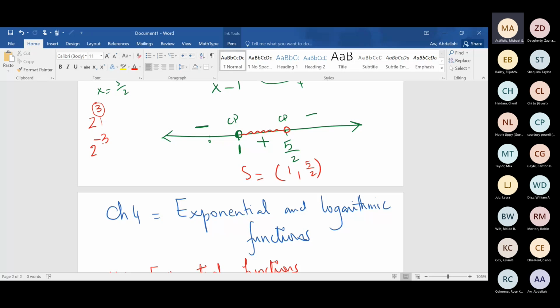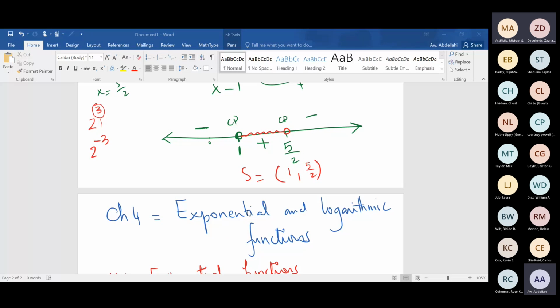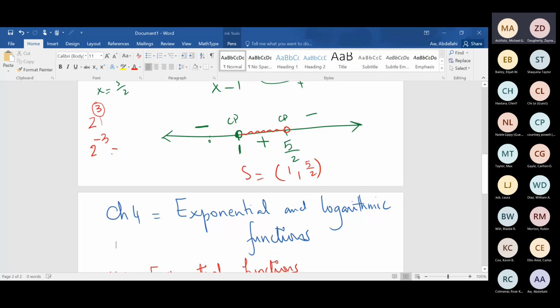Would it be 1 over 2 to the 3rd power? Thank you, yes. We don't say this is 2 times 2 times 2 negative 3 times. It doesn't make any sense to say that. But we can use a prior definition to define 2 to the negative 3 power.